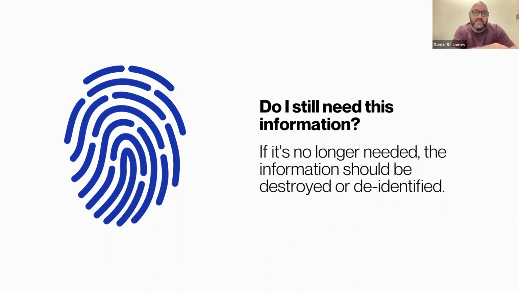If it's no longer needed, that information should be destroyed, deleted, or at least, if you don't destroy it, de-identified. What de-identified means is that whilst you may hold aggregate data that says 13 people in my customer list identify as LGBTIQA+, you can't say who those people are. You can't have a record of those people being specifically related to that tag.